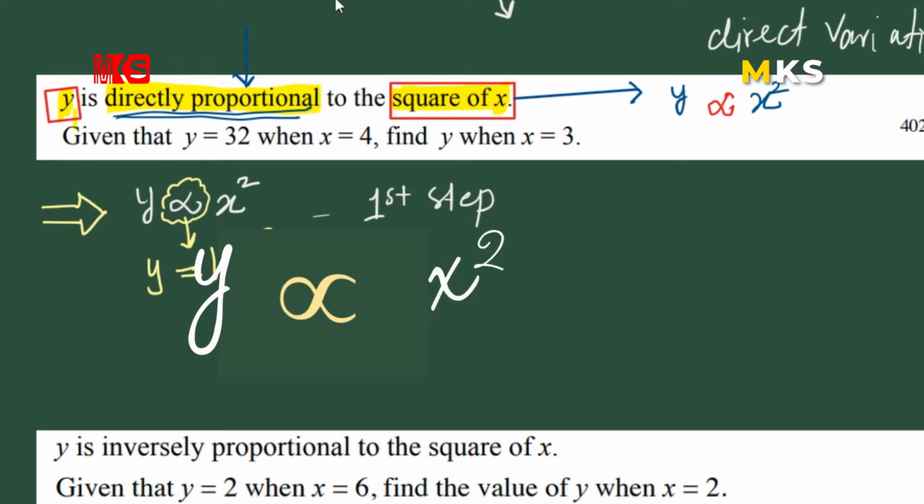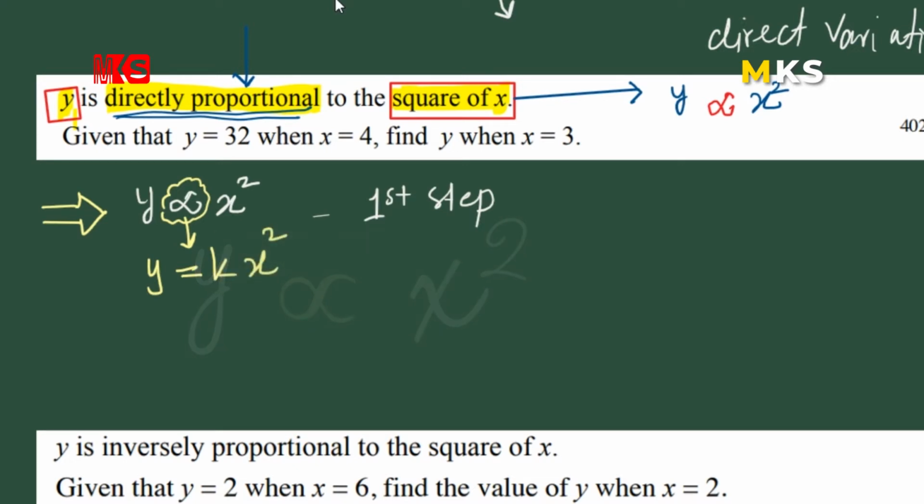This is read as y is directly proportional to x squared. Then we change the sign of proportionality to the sign of equality, and for that we need to multiply one side. Recommended is to multiply the right side, but you can multiply one side of the equation by a constant. That is the second step you need to do.